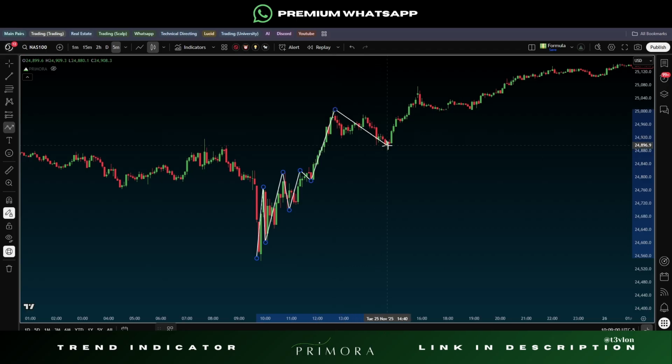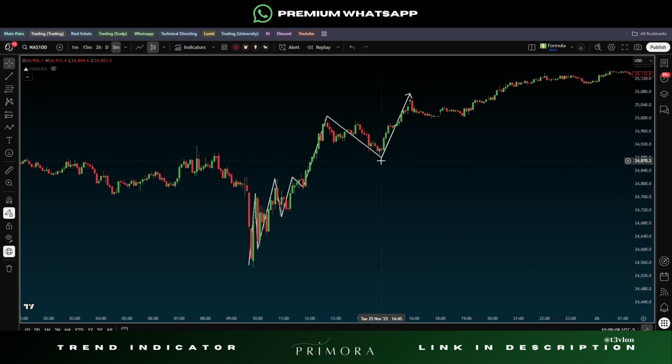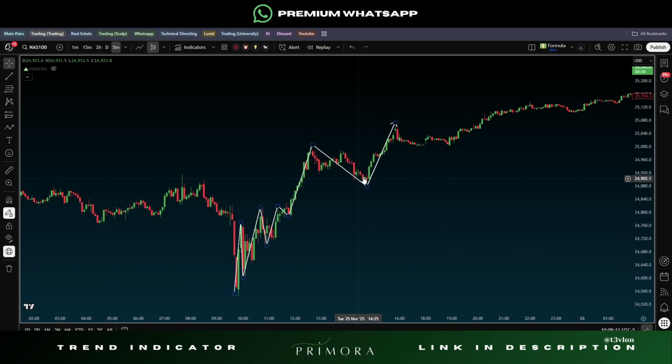So on a pullback that continues going up, we can get in somewhere down here, right? That's essentially what we're looking for. We want to get involved somewhere down here so that we can get in, right?